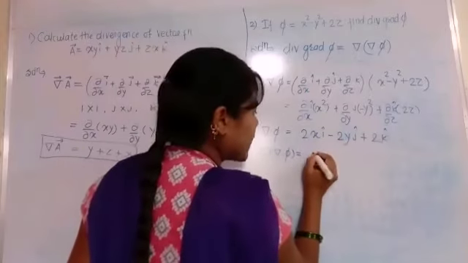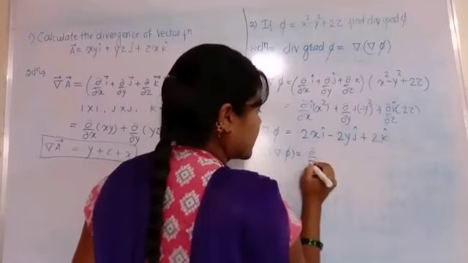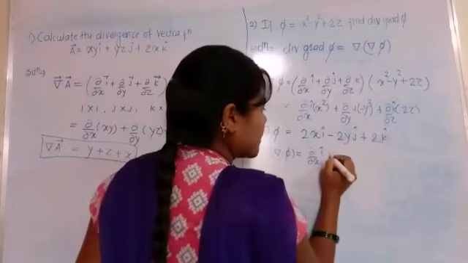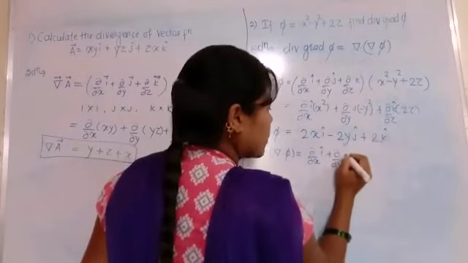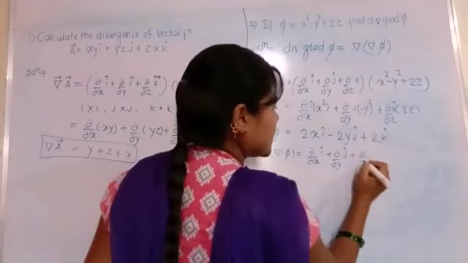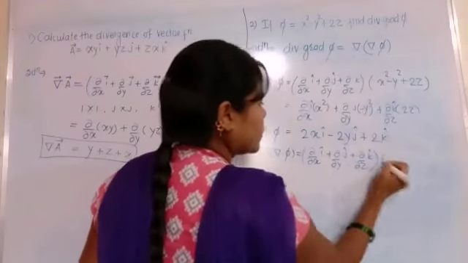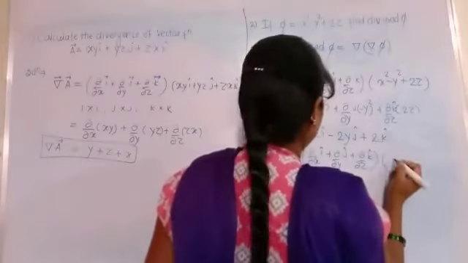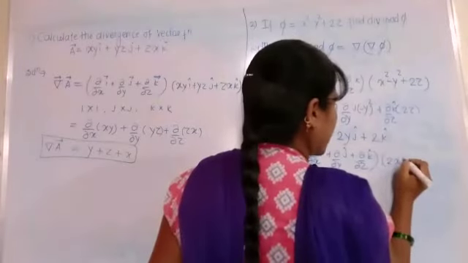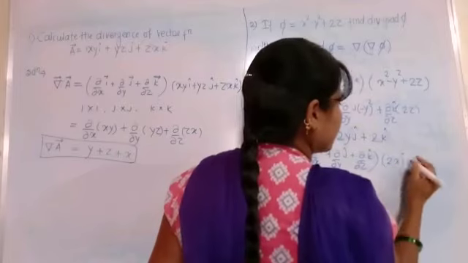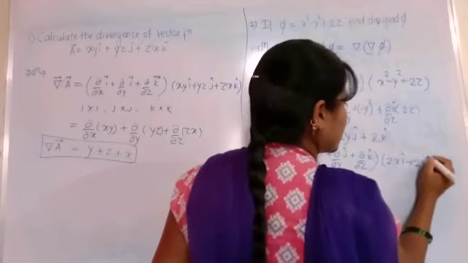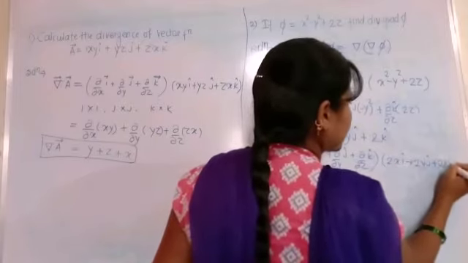Here again the operator is del by del x of i plus del by del y of j plus del by del z of k, dot the gradient of phi, that is twice x i minus twice y j plus twice k.